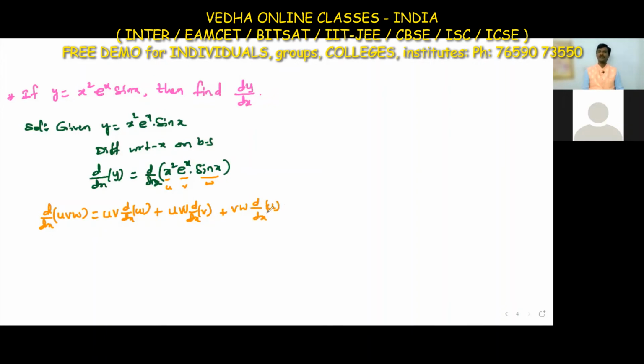Or we can write it in reverse also: v w into d by dx of u, plus u w into d by dx of v, plus u v into d by dx of w.